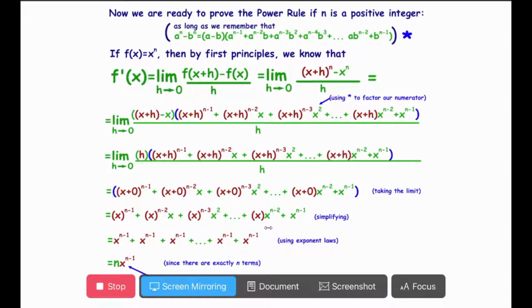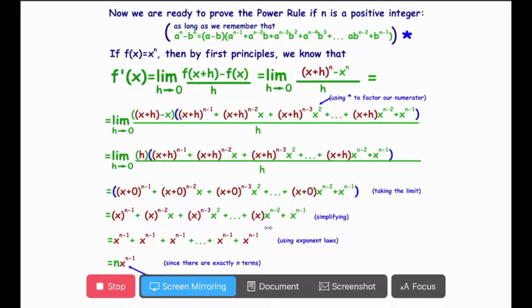Let's try to prove the power rule if n is a positive integer, as long as we remember what we just observed about factoring when we have a difference of terms to the power of some value n.